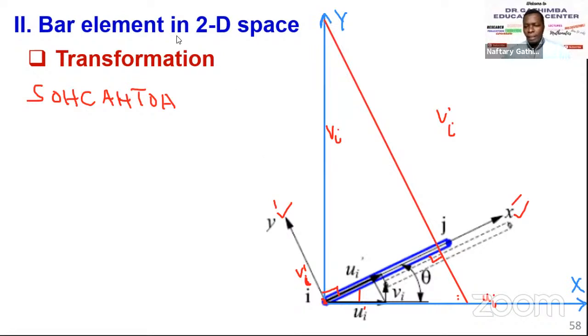Now, from a similar triangle, even simple high school geometry, if this is 90, this is theta, this is 90 minus theta. Remember the bigger triangle here, this is a right angle, and this is 90 minus theta. This is 90, so the angle here is theta. Okay, so let me remove this. We are left with this angle here, this is theta.